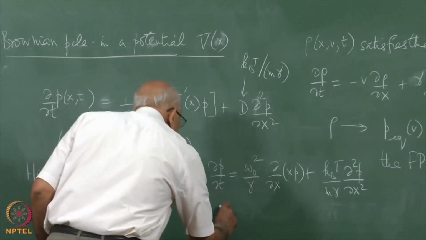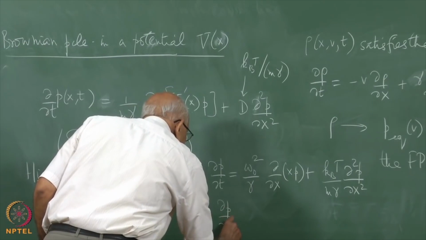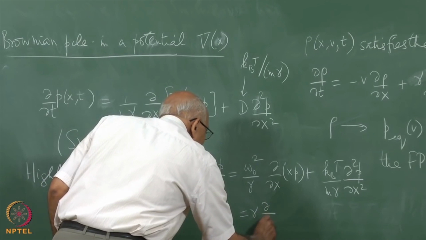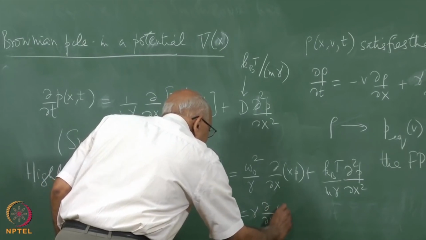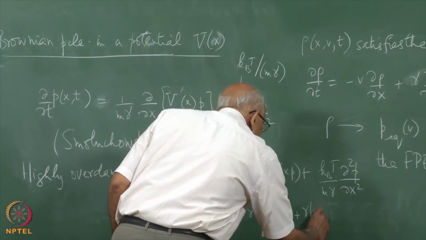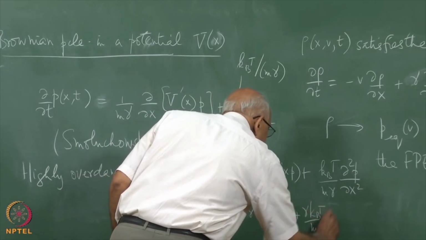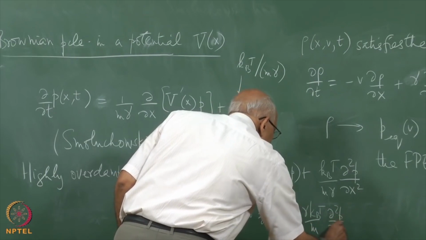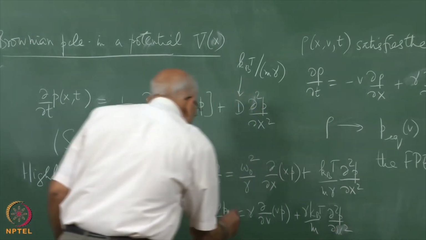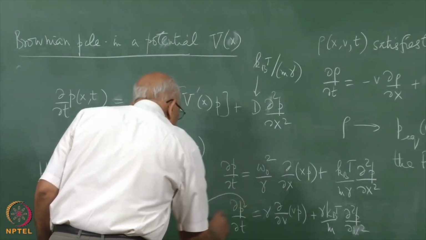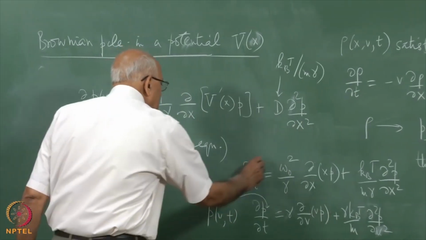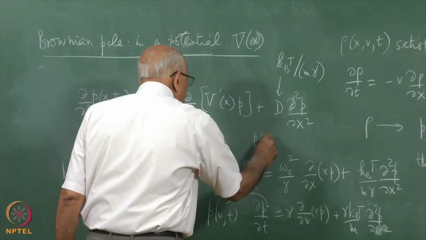That looked like delta p over delta t equal to gamma delta over delta v times v times p plus gamma k Boltzmann T over m d2p over dv2, where this p was p of v comma t, whereas this p is p of x comma t.